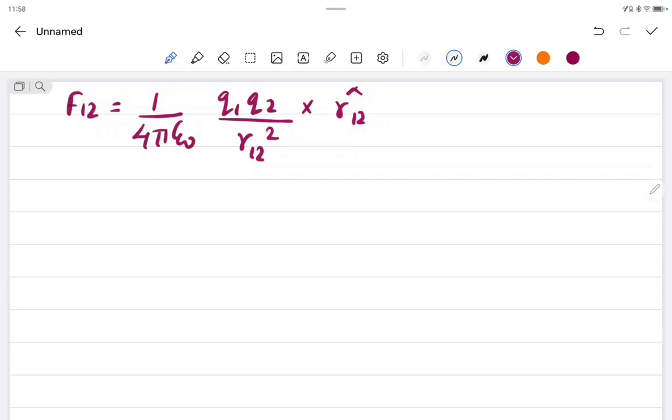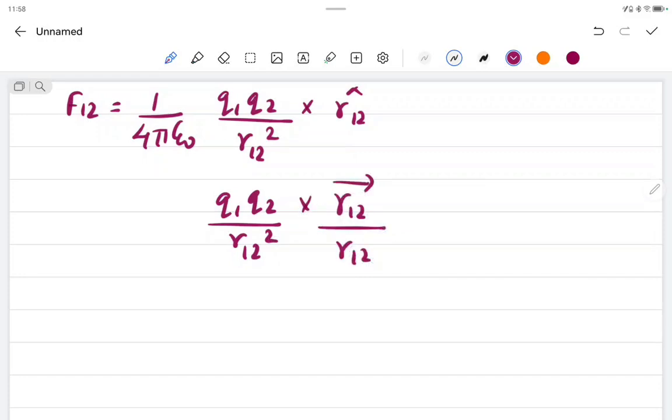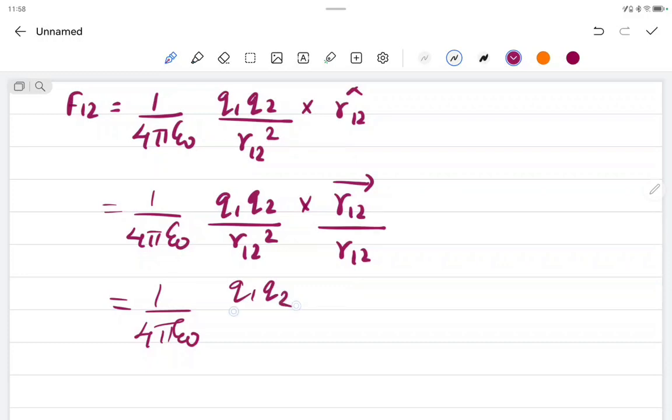Now what I can do is, with Q1 Q2 over R12 square, I can represent my unit vector by its vector divided by its magnitude. So here comes 1 by 4 pi epsilon naught, Q1 Q2 by R12 cube into its vector.